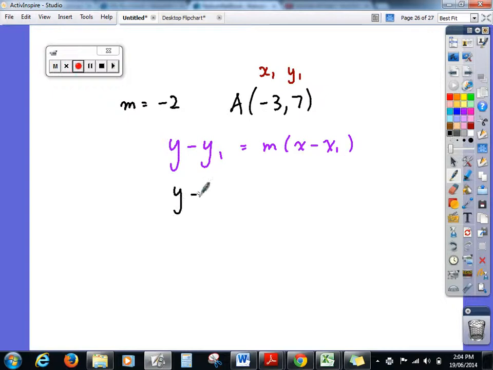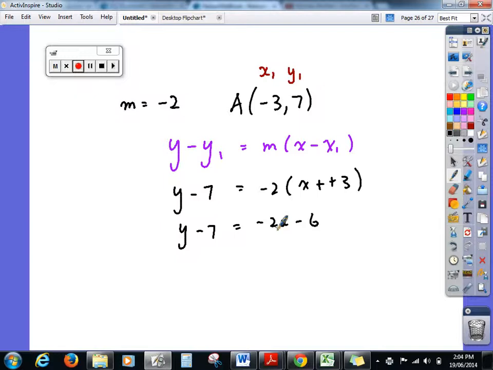So we go y minus, now y1 is 7, m is -2, x take -3, double negative here makes a positive. Y minus 7 would equal, expanding this in, -2x, and then it is -6. We're going to set this time in general form, just to have some practice doing that.